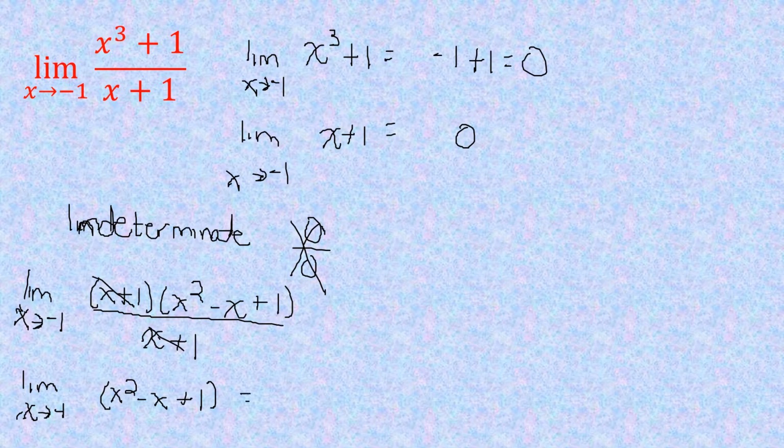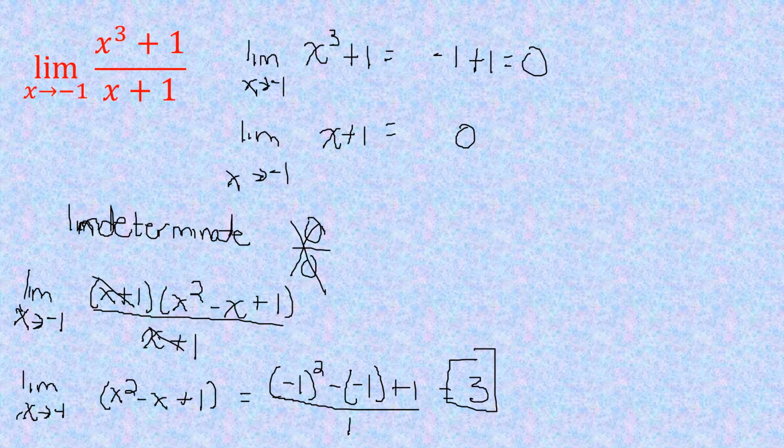So the limit of this would be -1 squared minus -1 plus 1. So what is that? That's 1 plus 1 plus 1, which is 3. Okay, and that is our answer.